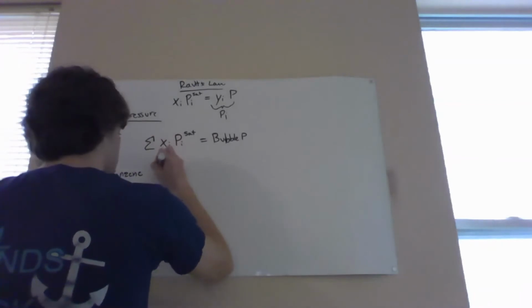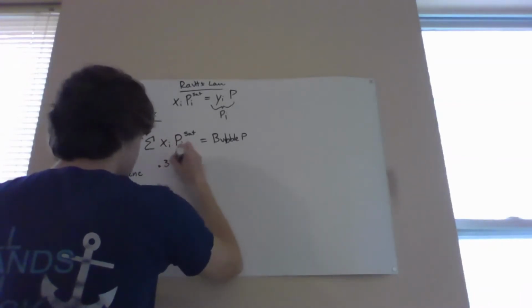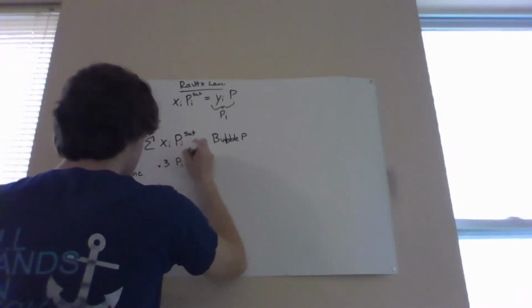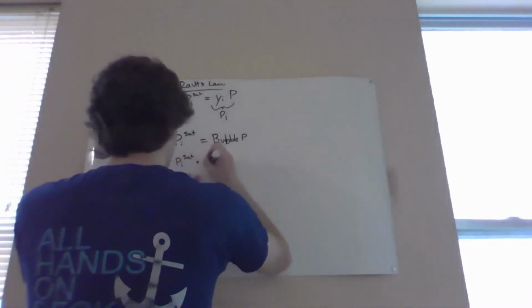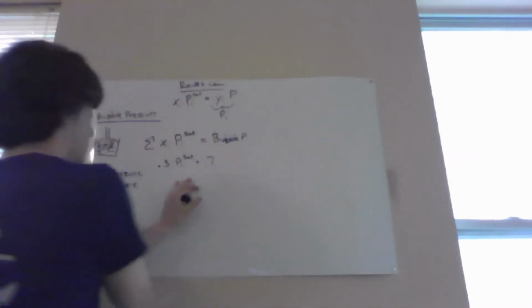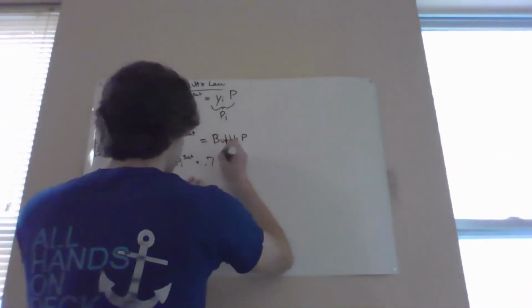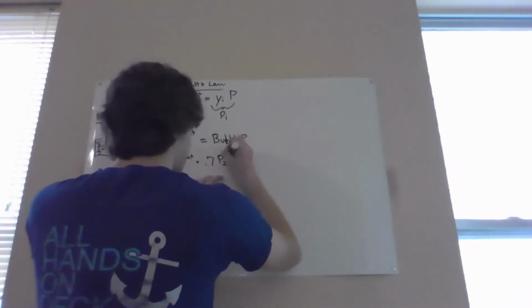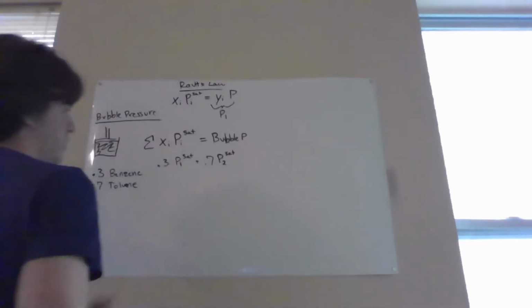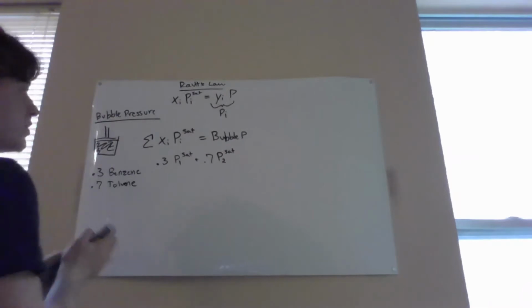So the liquid mole fraction of benzene is 0.3 times the pure component saturation vapor pressure of benzene plus the liquid mole fraction of toluene times the pure component saturation vapor pressure of toluene.